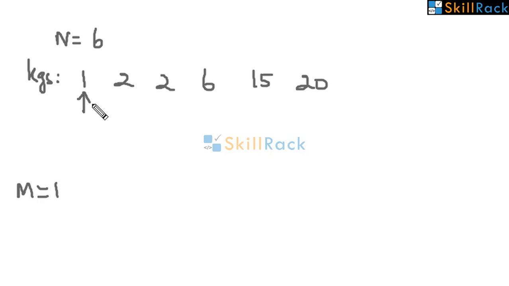So let us consider this example. We start with 1. Is 1 less than or equal to 1? Yes. Which means you add to that and it becomes 2. So now you have to check whether 2 can be added. You go to the next element. Is 2 less than or equal to 2? Yes. Then add to it. So now it becomes 4. Then next element, 2. Is 2 less than or equal to 4? Yes. You add. It becomes 6.